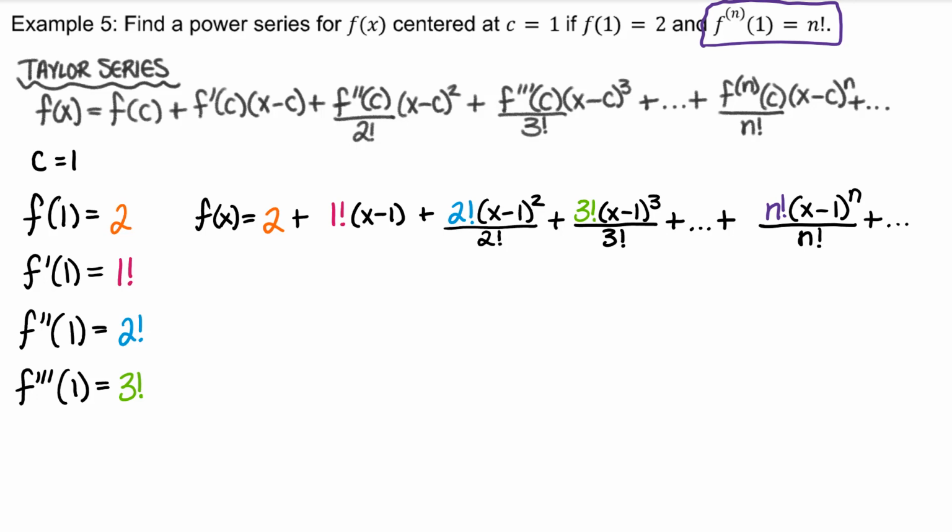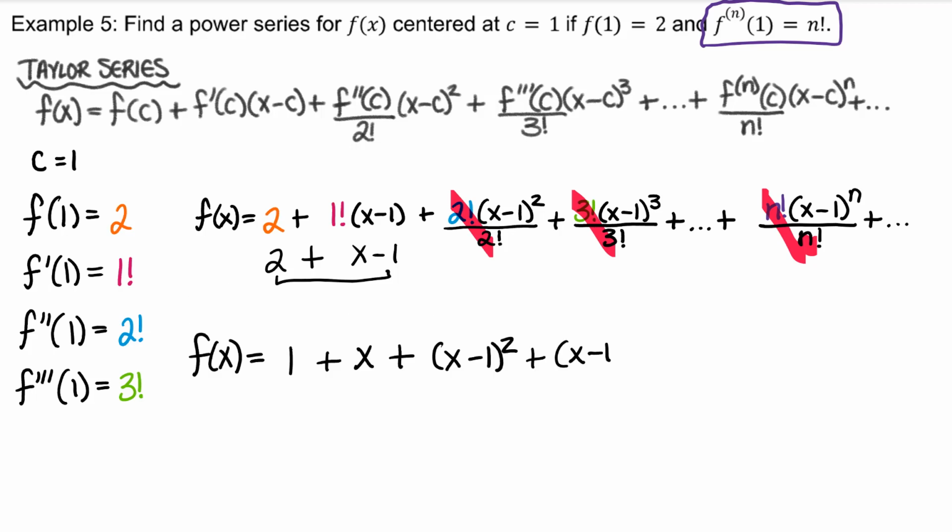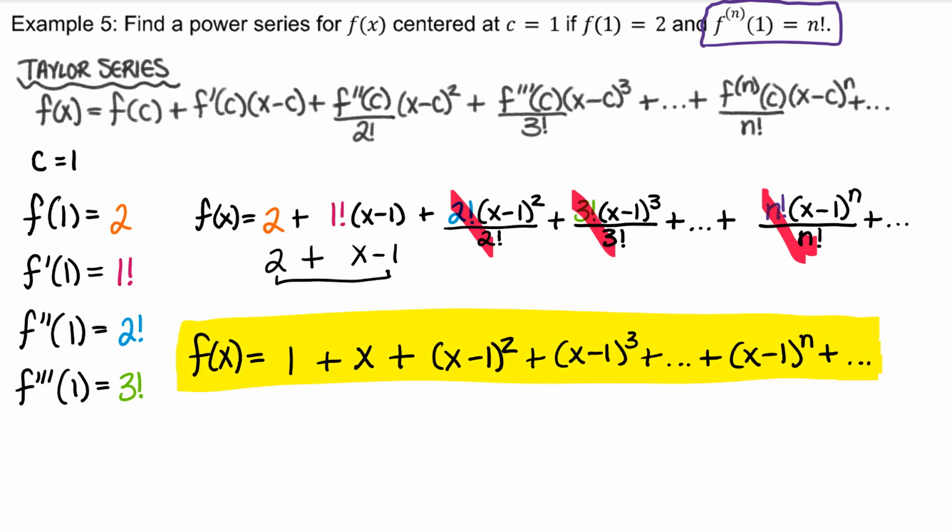We can simplify by reducing the factorials and also distributing this 1 and combining like terms with the 2. And there's our power series.